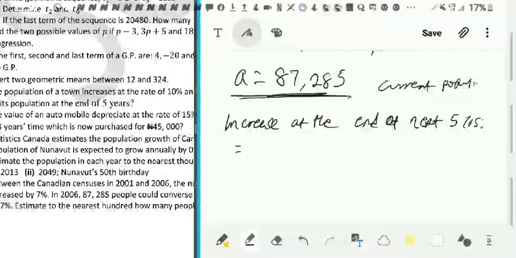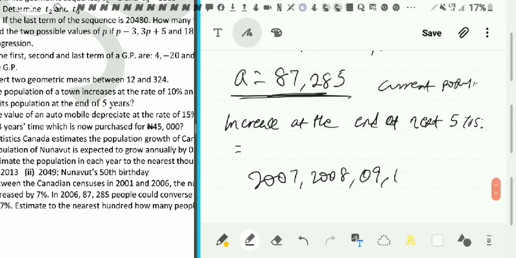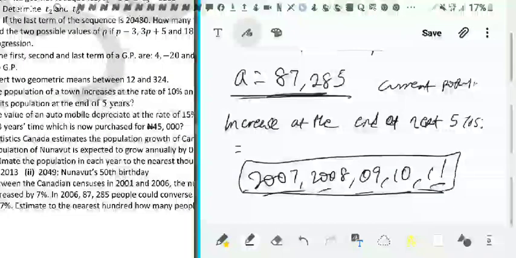So at the start of 2007, we are going to be doing 2007 to 2011. That's another 5 years: 2007, 08, 09, 10, and 11. 1, 2, 3, 4, 5. So these 5 years, because what was given to us was the end of 2006.